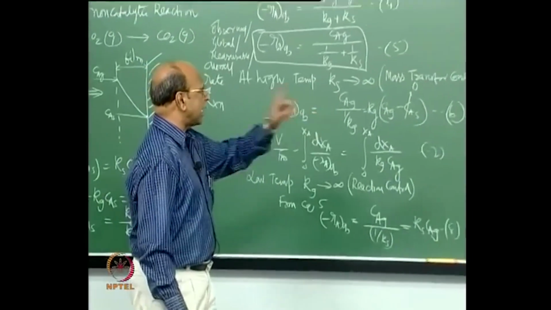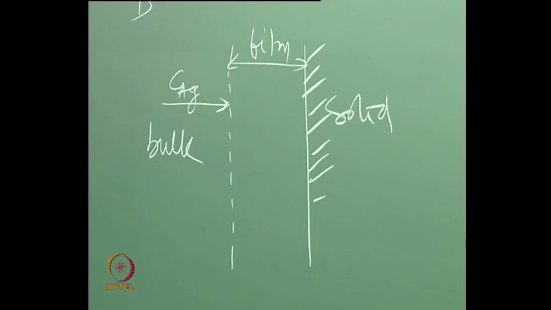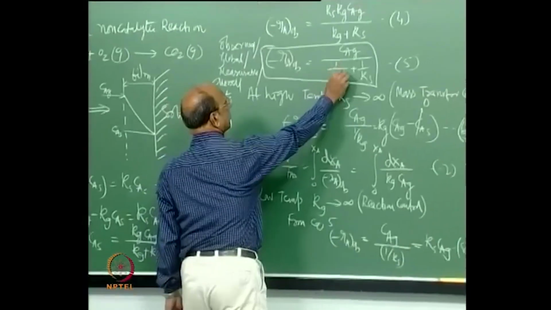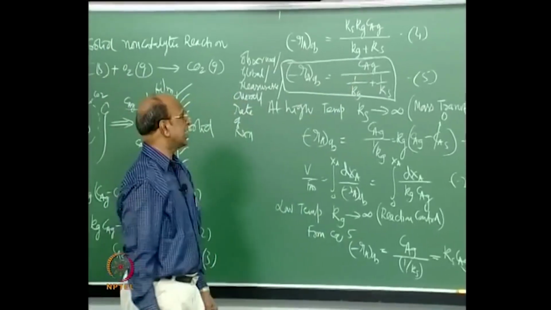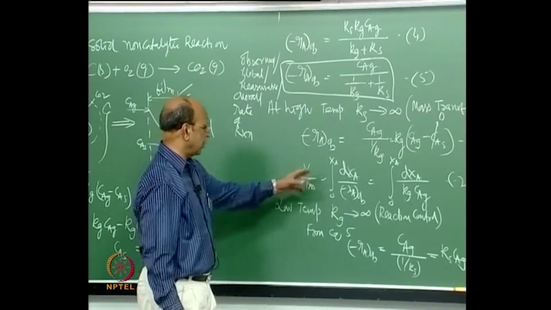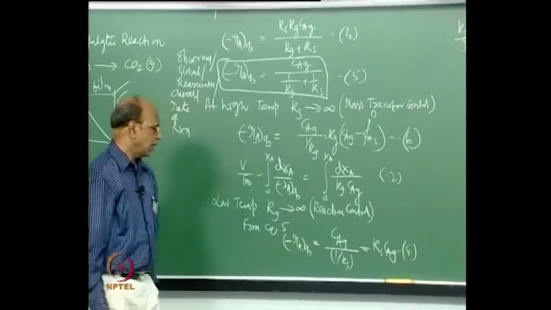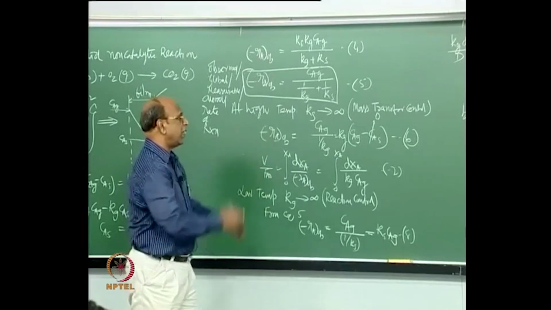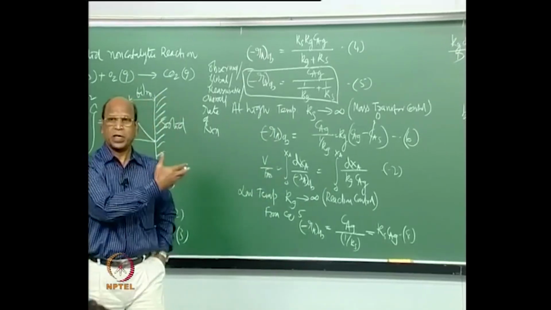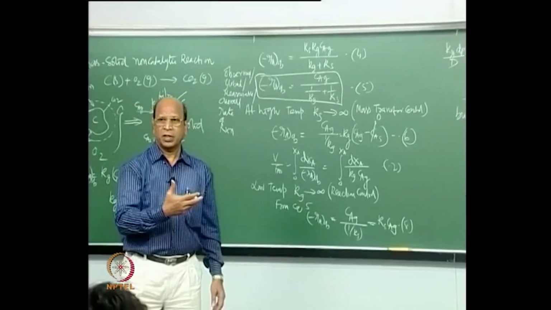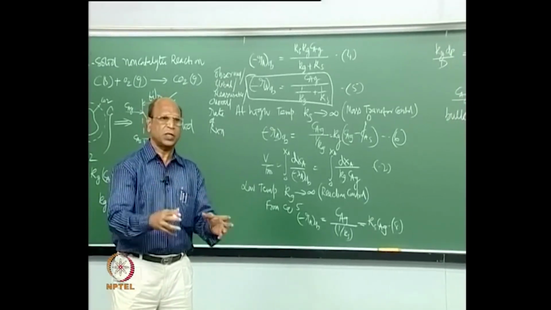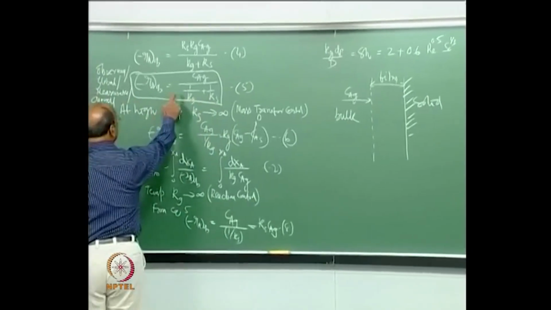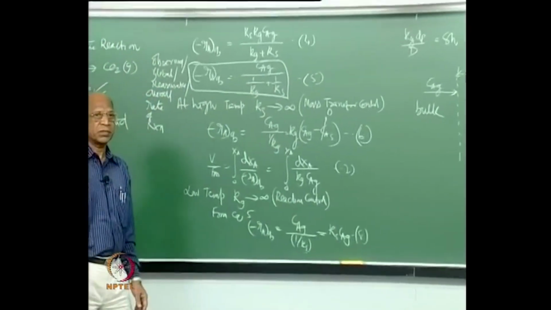From there, if I have reaction control, how do I draw that profile? That means you have to come here. If it is reaction control, the equation is this one, Ks CAG, equation 8. How do I draw the profile? The profiles are very important in heterogeneous systems. If you draw clear profiles, it is very easy for you to develop the model, the kinetic model. In fact, this is called the kinetic model for gas solid reactions.